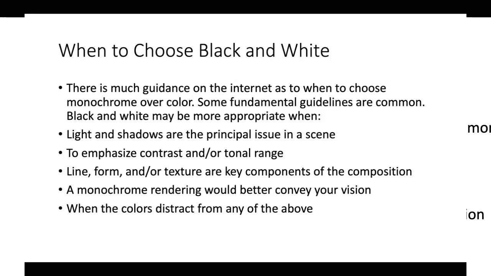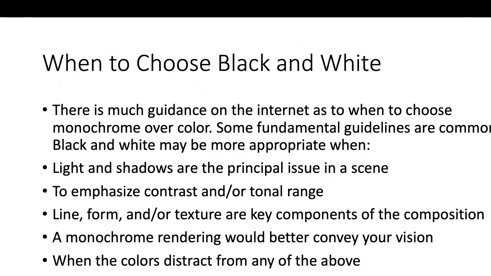There are many different elements of composition, but black and white works really well when line, form, and texture are key components of the composition. And I'll show you an example of that. This is more on the artistic side. A monochrome rendering would better convey your vision. You're looking at something and you're looking at the colors and going, my, that's loud or whatever.